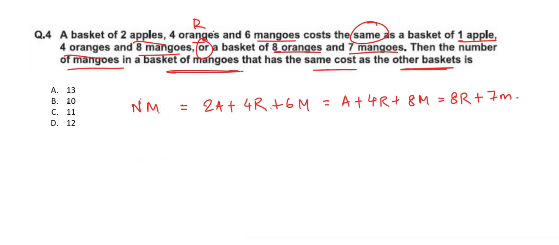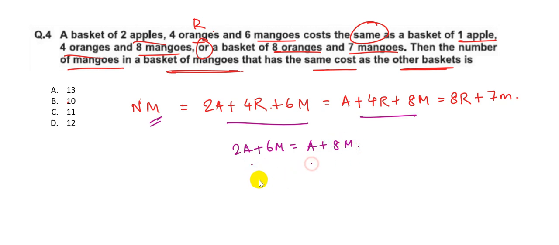So which means that we have to eliminate everything other than m. So first we equate these two, and we can see that 2a plus 6m will be equal to a plus 8m. That means 2a minus a is equal to 2m. Then we equate these two, and we can see that in place of a I can write 2m here.